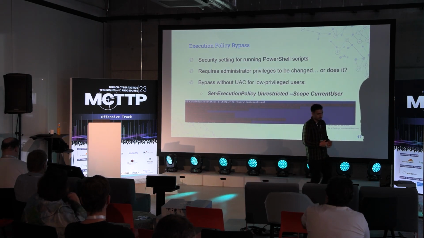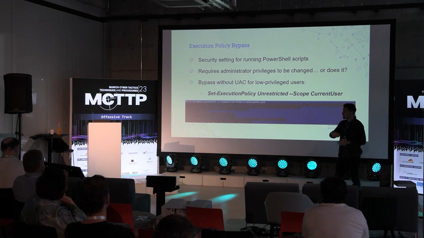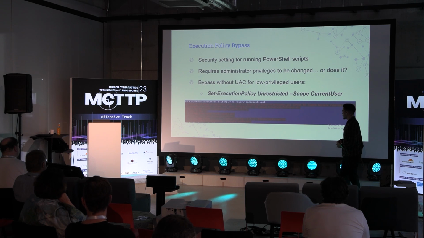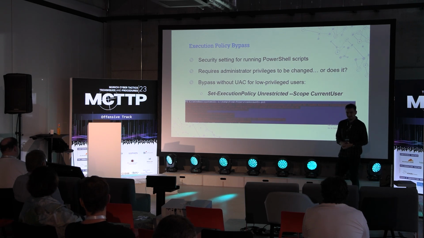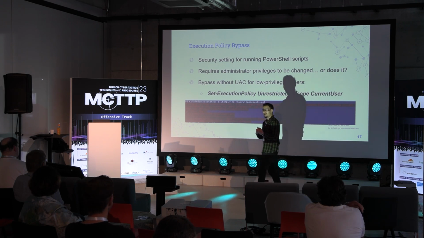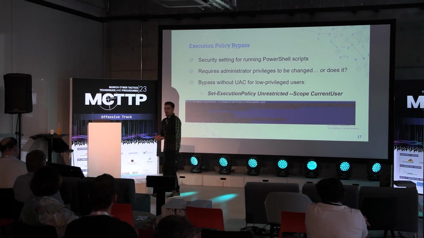In Windows, we can have this execution policy to disallow low privileged accounts from running unsigned and untrusted PowerShell scripts. So what we can actually do is set our own execution policy to unrestricted.